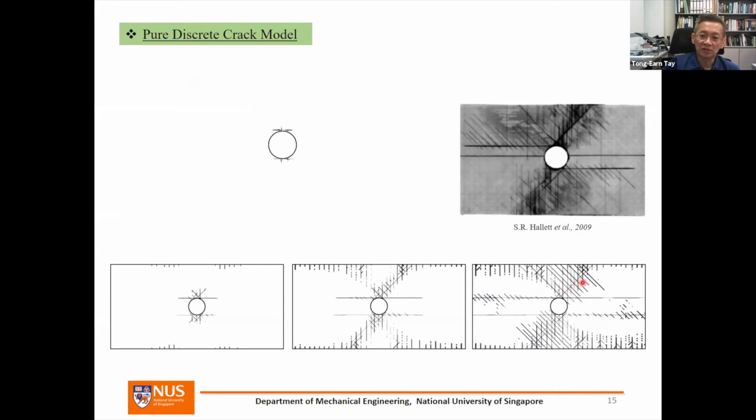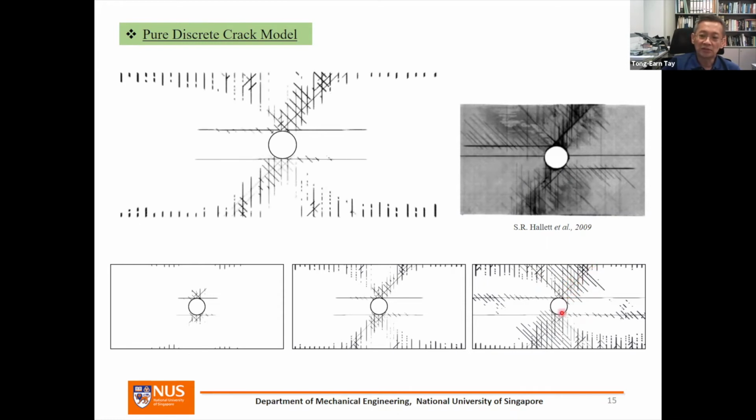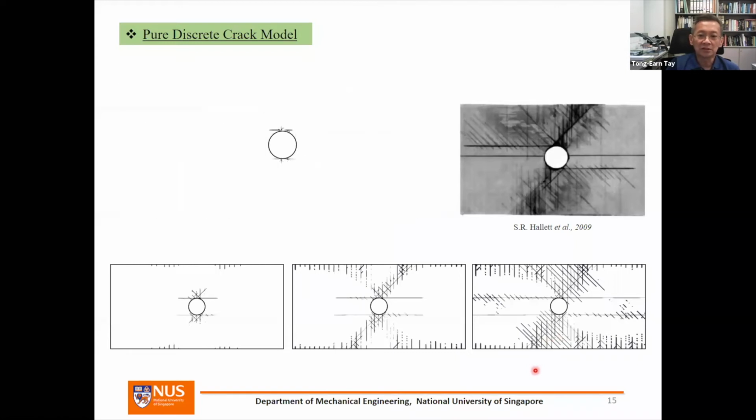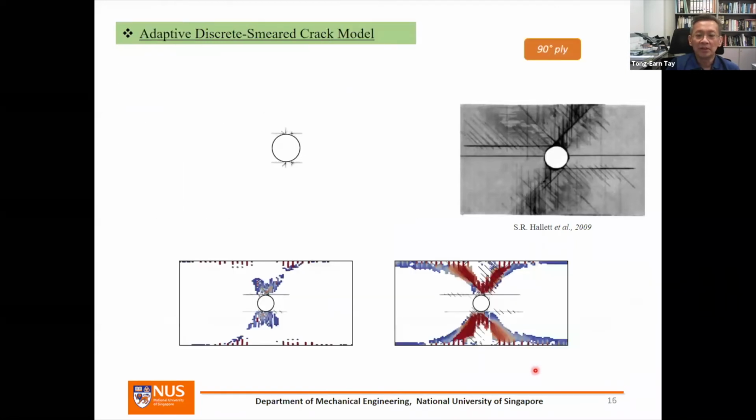This is because the -45 ply is in the internal part of the laminate, whereas the +45 is actually the surface ply, where there's not that much diffuse damage. And this model, the discrete crack model, is able to pick that up.